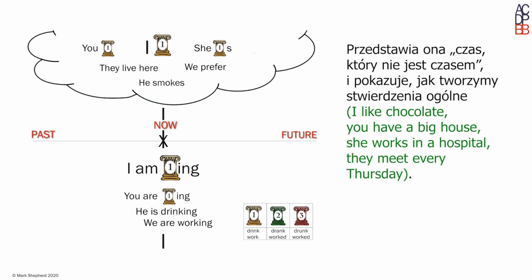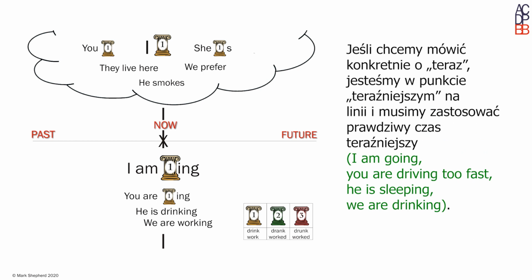This cloud represents the tense that is not a tense, and it's how we make general statements. I like chocolate. You have a big house. She works in a hospital. They meet every Thursday. If we want to talk specifically about now, we are at the present point on the line, and we need to use the real present tense. I am going. You are driving too fast. He is sleeping. We are drinking.